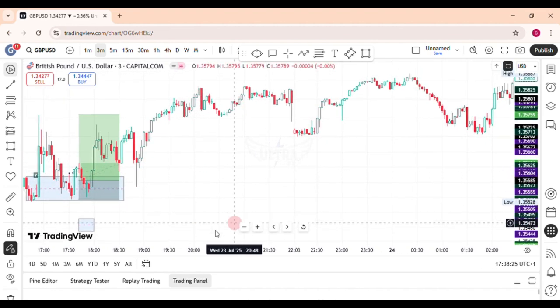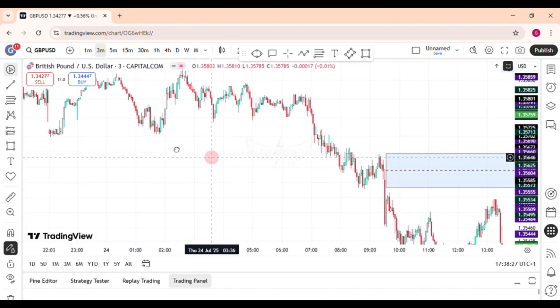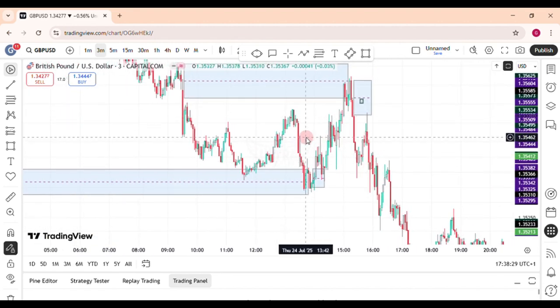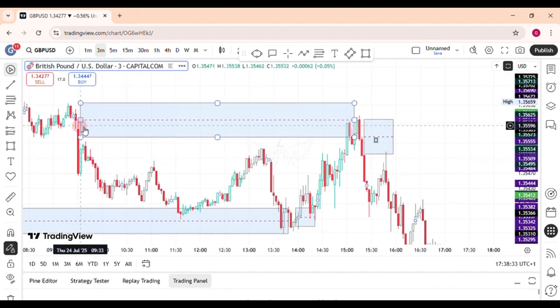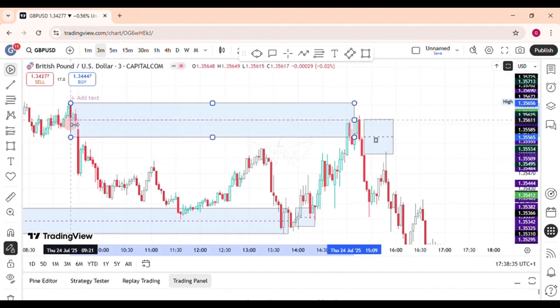The next one is our trade number 8, and this is our first bearish trade for last week. You see this fair value gap right here on our 3-minute time frame. We have a fair value gap that market taps.